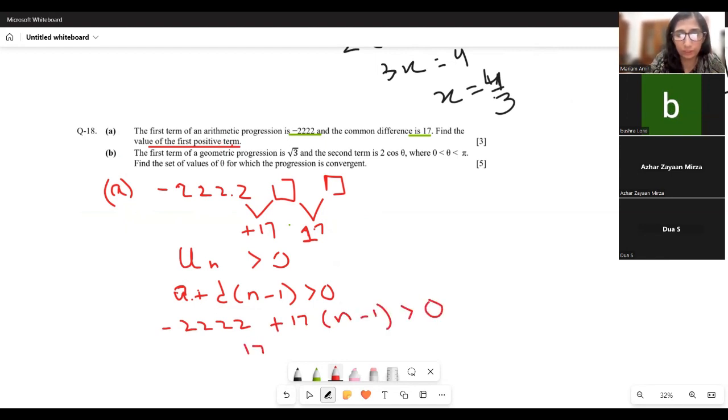So we have 17 times n minus 1 greater than 2222. So 2222 upon 17 is 130.7.